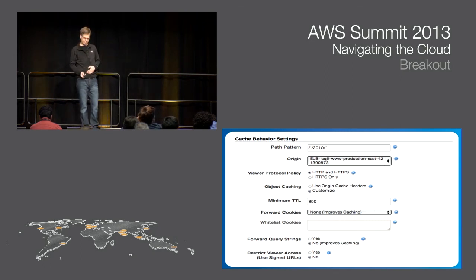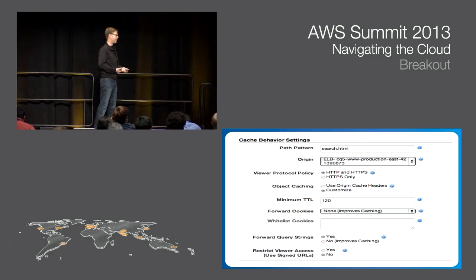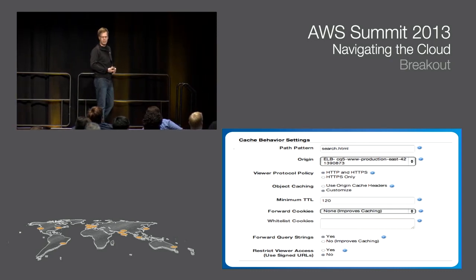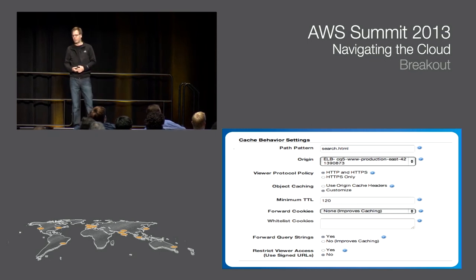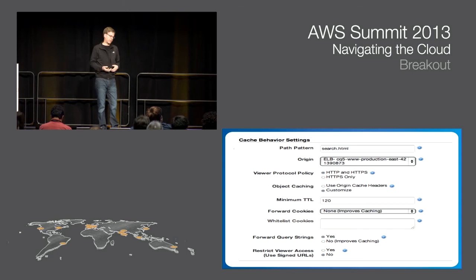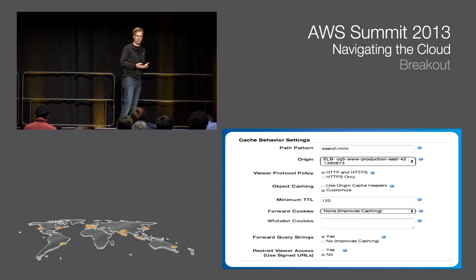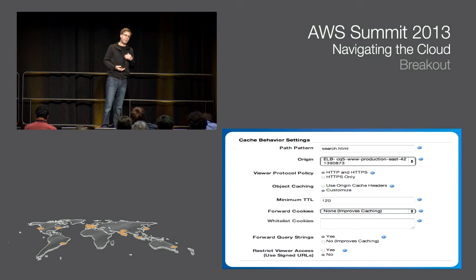So here's an example where we're actually forwarding query strings. This is our search page, and this is a great feature where we can cache every individual query string separately. The TTL here is shorter because we want the search to reflect all the content that's been updated, and we update content fairly frequently, so it's only a two-minute time to live.